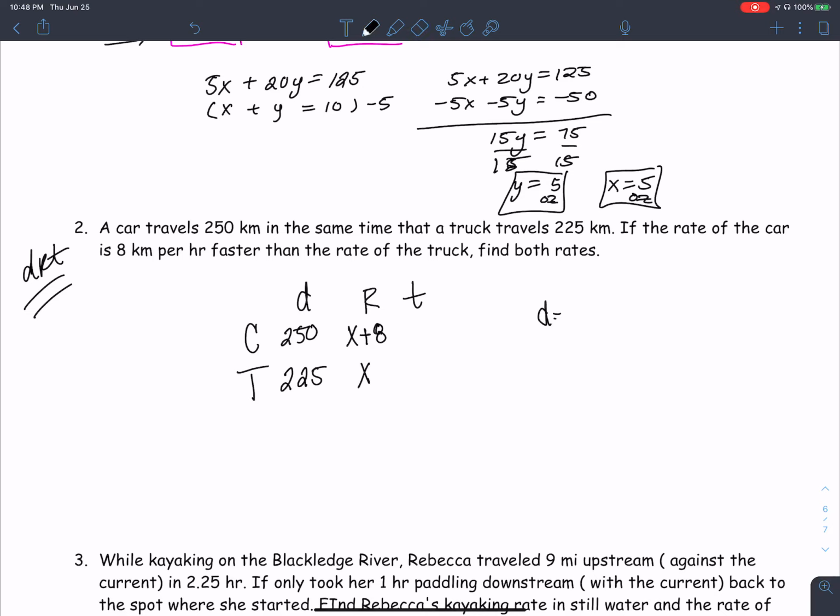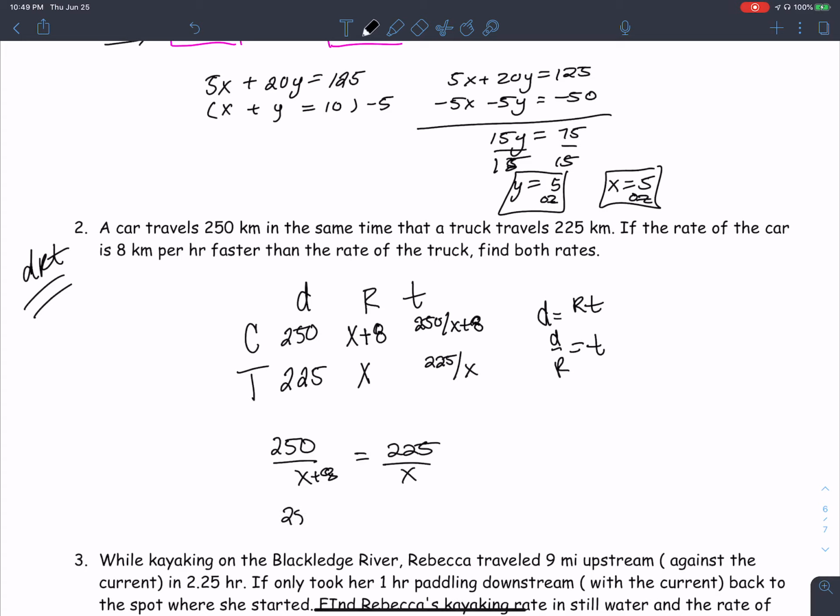If we know distance equals rate times time, then we also know time equals distance over rate, correct? So we know 250 over x plus 8 is going to equal 225 over x, okay? Here we go. So 250 over x plus 8 equals 225 over x.